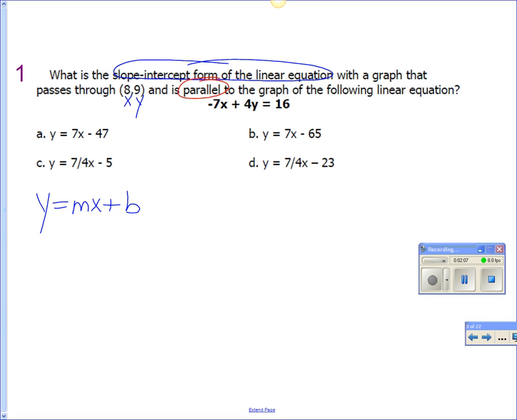Okay? So, draw your line, circle y. You might have to write this a little bigger on your paper. Draw your line and circle y. Okay, what do we move into the other side? 7, and it becomes positive 7x. You just write it over to the side. Positive 7x.